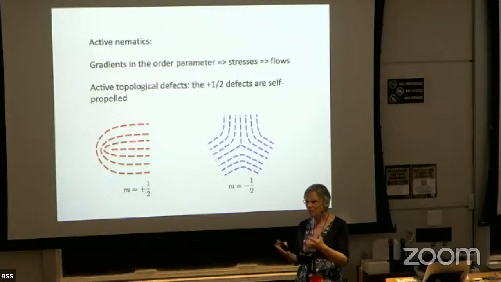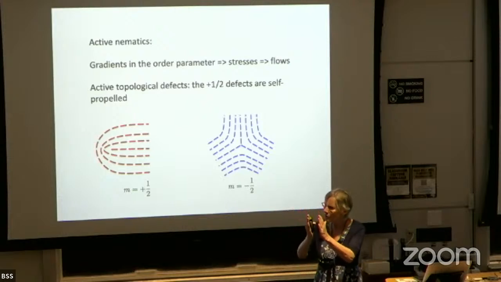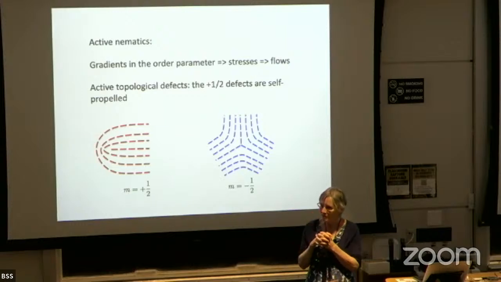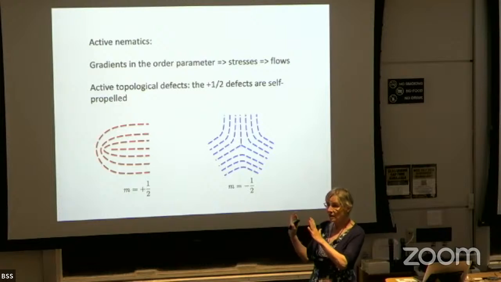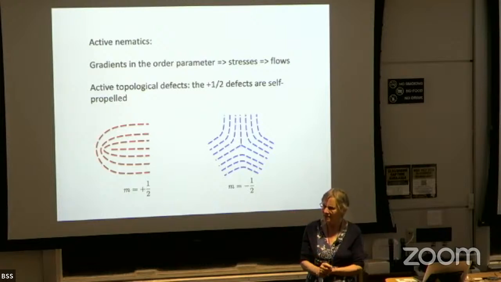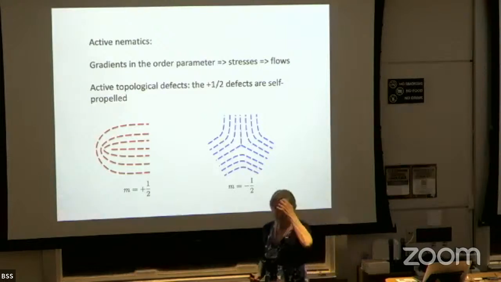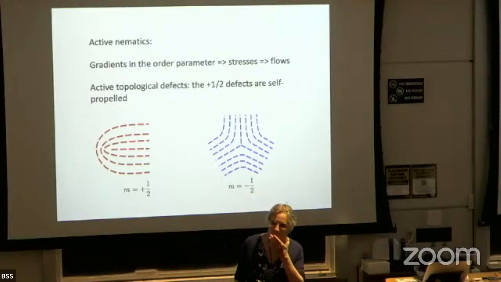Well, you wouldn't really with swimmers, actually, because quite what a Frank constant is for a swimmer is a question. I mean, you're right. This is a continuum theory, and so quite what to put in for the parameters is a big question.